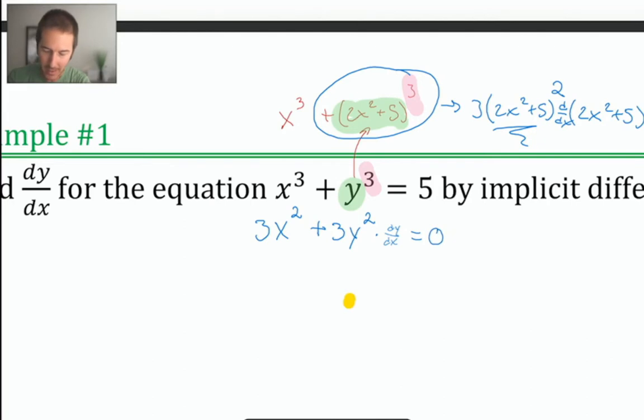It might be that y right here is 2x squared plus 5. And if it is, then I better include some kind of a note that says, once somebody tells me what that function y is, I'm going to need to multiply by the derivative of it.